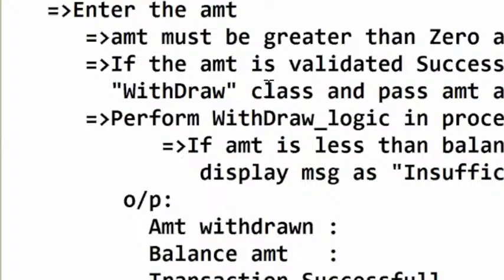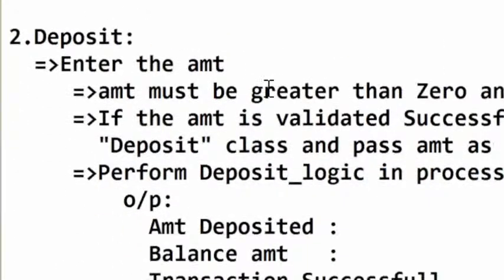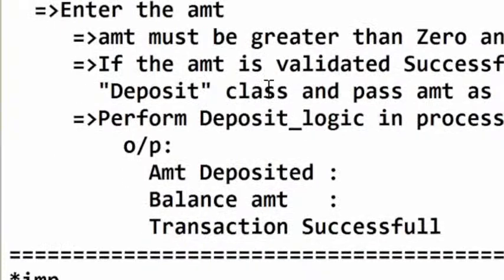Right. Okay. Now deposit. If you selected deposit, enter the amount, same conditions there. Amount must be greater than 0 and multiples of 100. Else invalid amount. If the amount is validated successfully, then create an object for the Deposit class and pass the amount as a parameter to the process method.